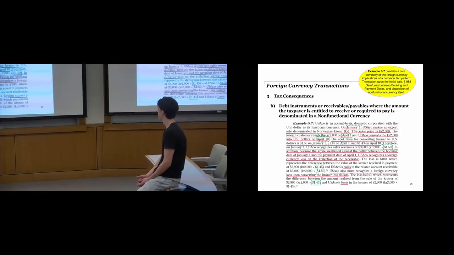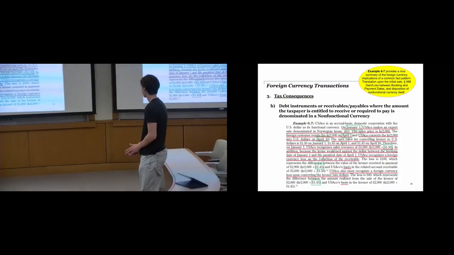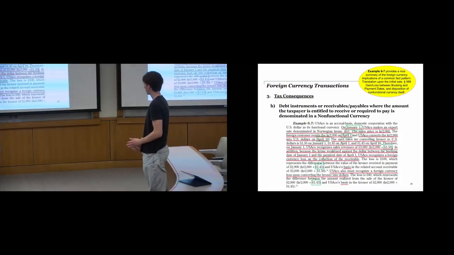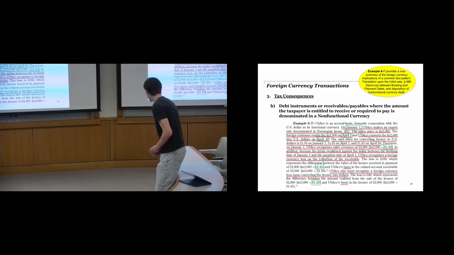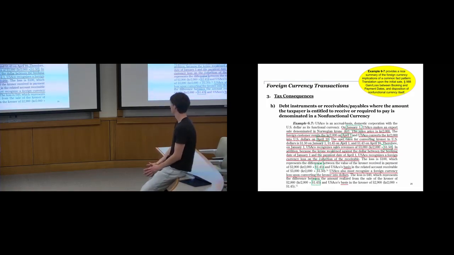Okay. Spot rates for converting krone to U.S. dollars is $1.50 on January 1st, $1.45 on April 1st, and $1.43 on April 10th. So that tells me, right, 1 krone buys $1.50 going down to $1.43.